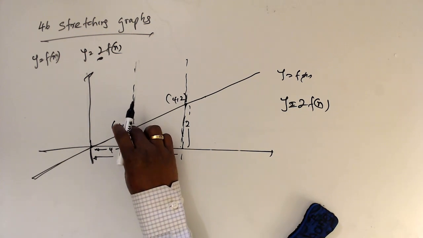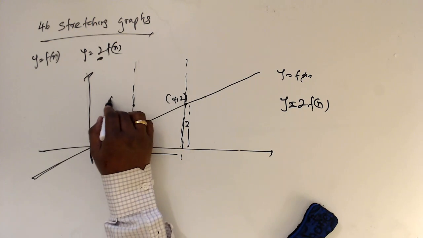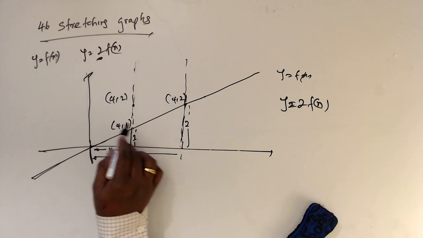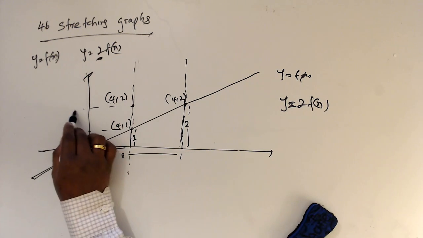So in that case, 1 becomes 2, somewhere here. So this is going to be 4 and 2. This is 1, this is 2. Right?